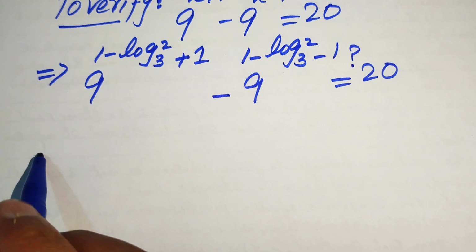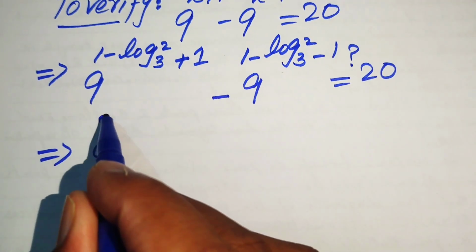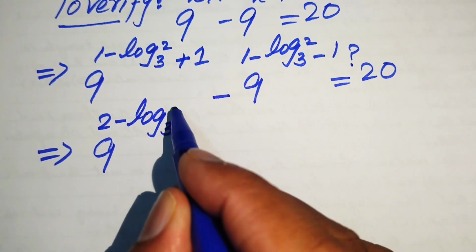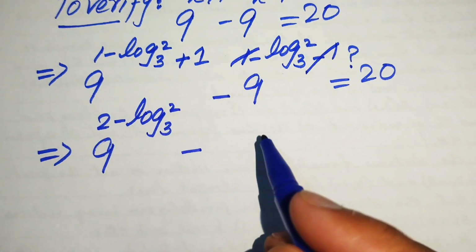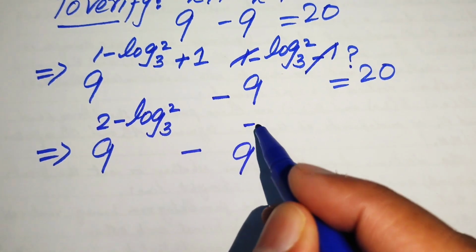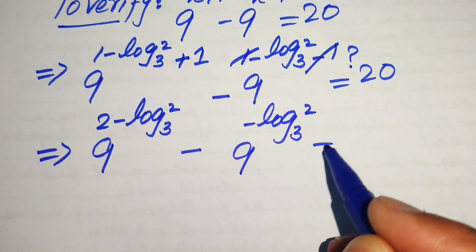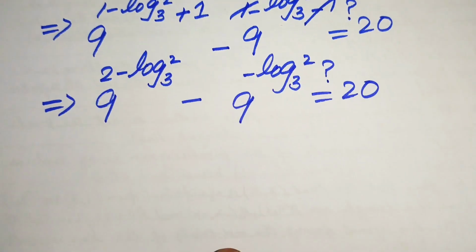So here we add these two values, and we write it as 9 to the power of 2 minus log base 3 of 2, minus 9 to the power of minus log base 3 of 2. Here you see that the 1s are cancelled by each other, and we get 9 to the exponent of log base 3 of 2, and this equals 20. We check whether this equals 20 or not.